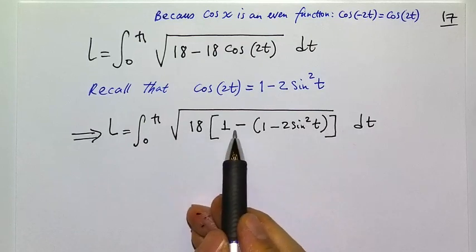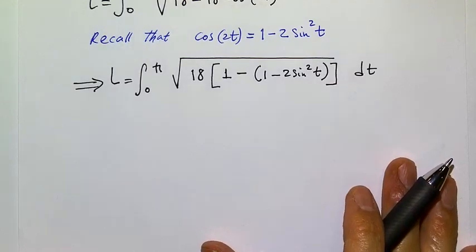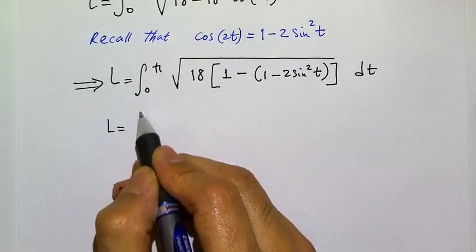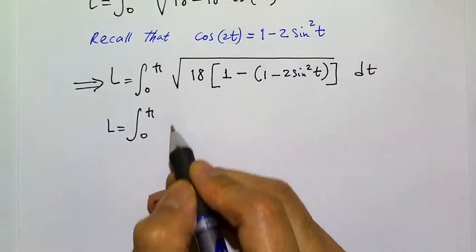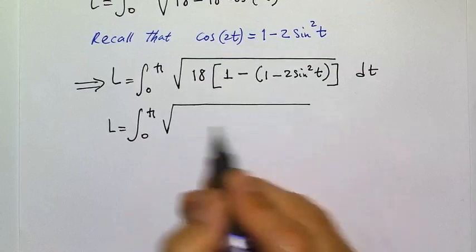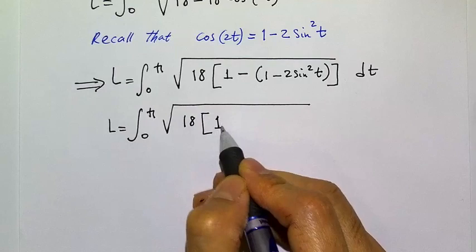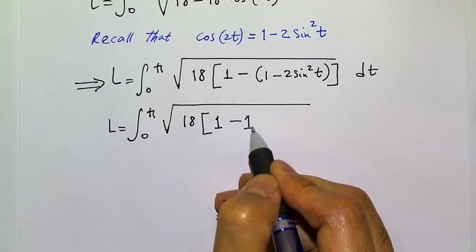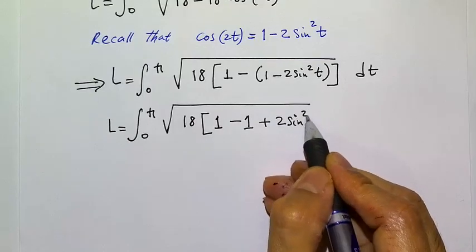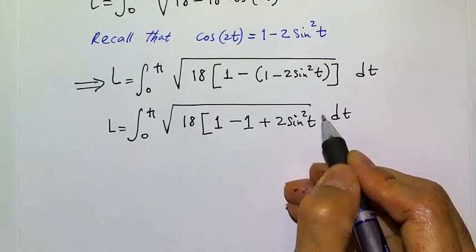Okay, so if we distribute this minus, we can then cancel out the 1s. And so we have 18 times 1 minus 1 plus 2 sine squared t, dt.